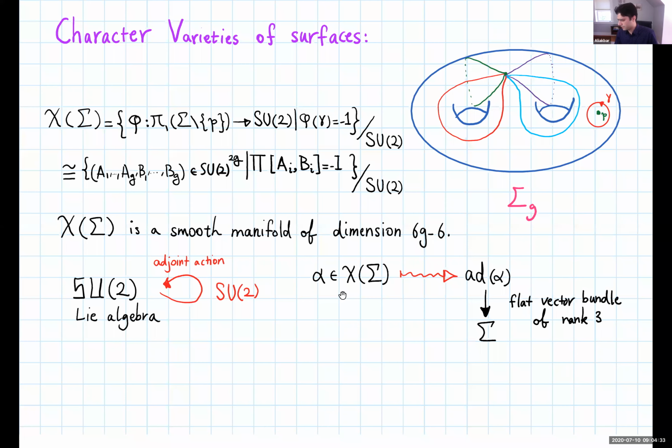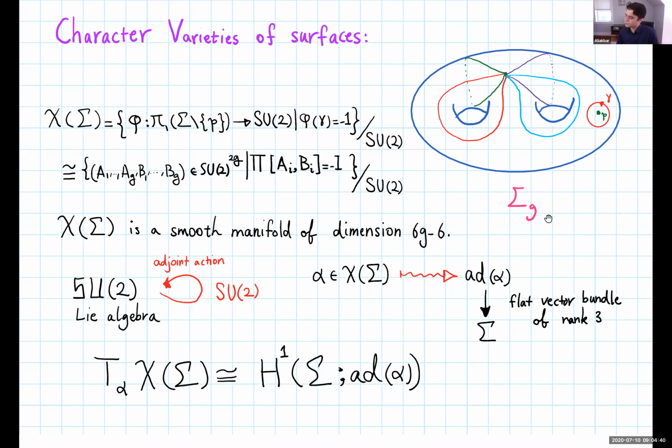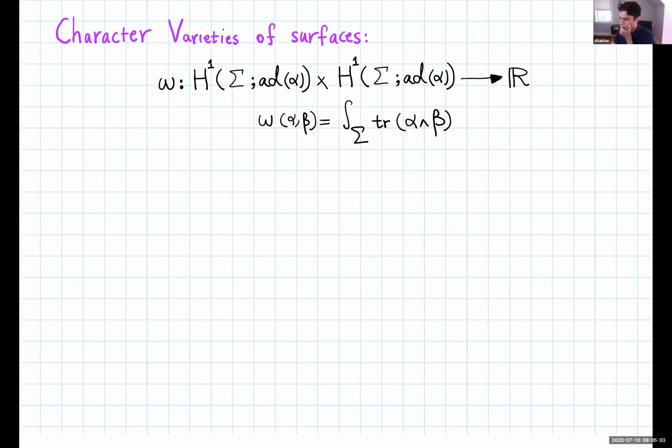What we can see is that the tangent space to this character variety at the representation alpha is given by the first cohomology with coefficients in this flat vector bundle of rank 3.